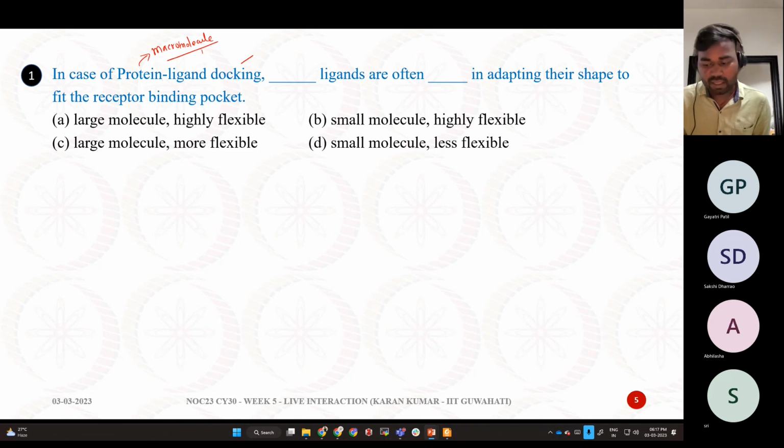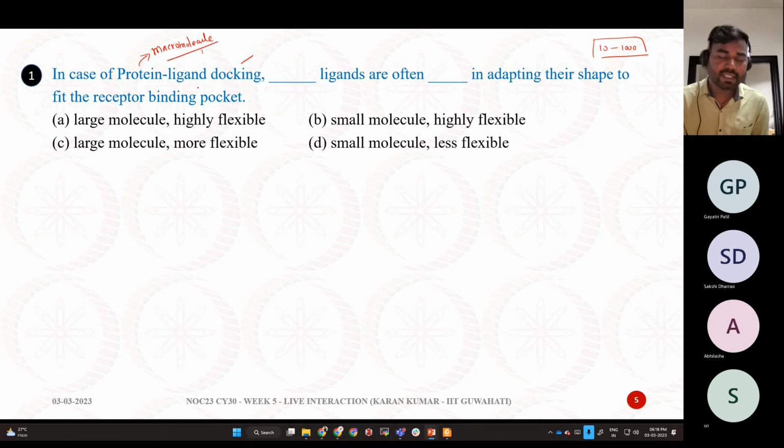A protein or peptide can have from 10 to thousands of amino acids in its structure, and in one amino acid there are at least 20 to 30 atoms. So you can understand that a protein is a large molecule, which is why it is called a macromolecule.